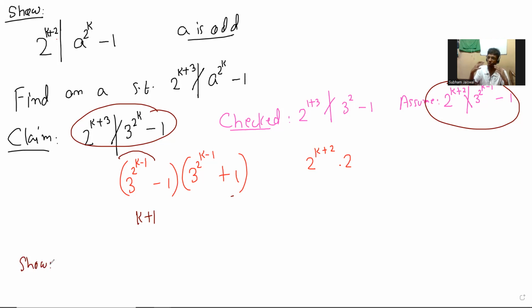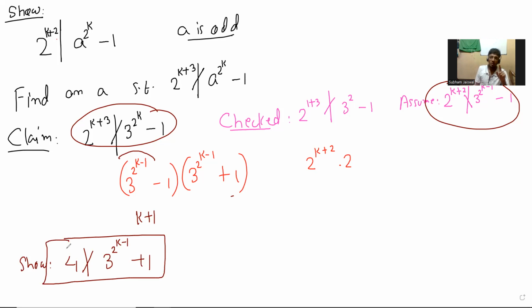Okay, so we want to then show, basically the growth is controlled, right? You can think of it in any way. We want to show that 4 does not divide. So you must realize that we need to show this. That is the main thing.